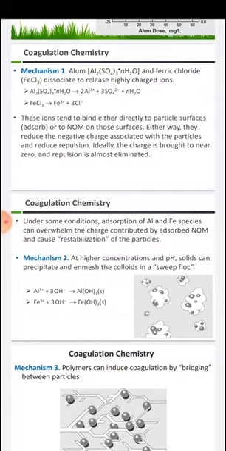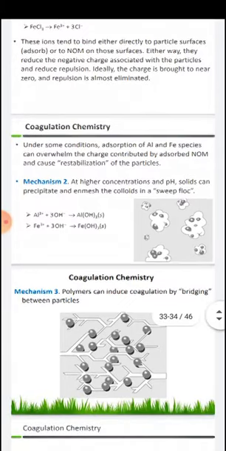And then we can have precipitate formation, which we normally conduct by adding aluminium and ferrous salts.